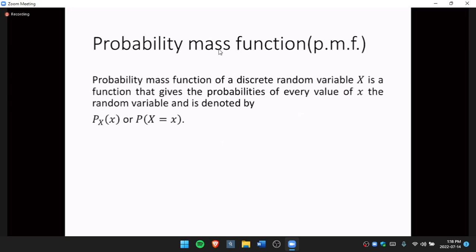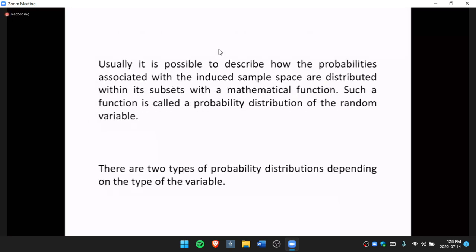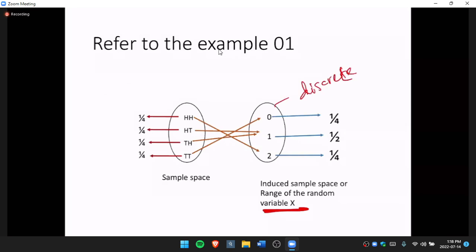Before coming to the probability mass function, I would like to review this small paragraph. Usually, it is possible to describe how the probability is associated with the induced sample space. If you remember, last week we discussed how to get these probabilities.